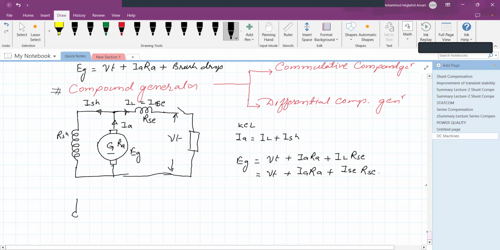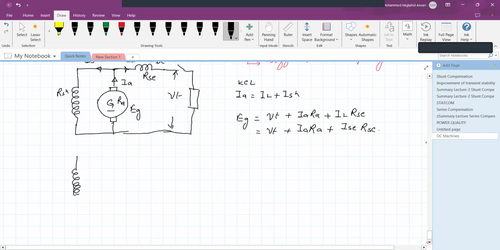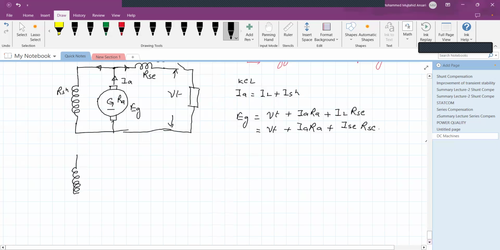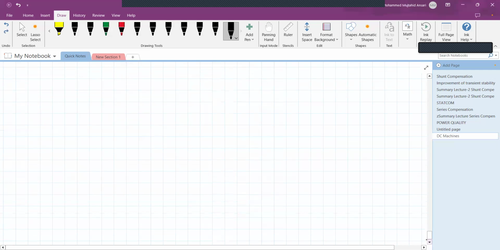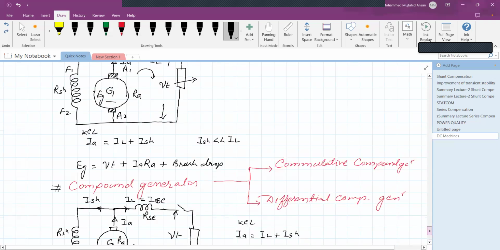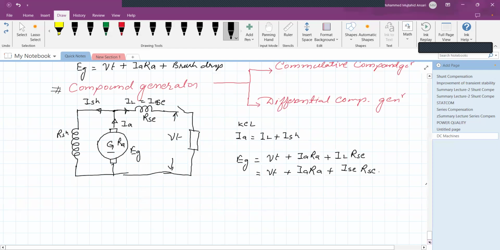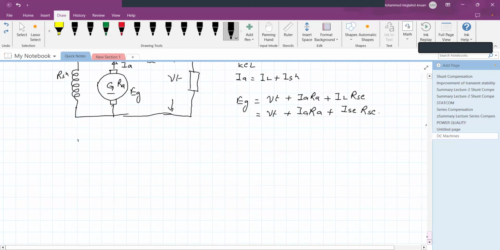Long shunt means the shunt field winding encloses the armature as well as the series field winding. This is the shunt field winding. It encloses the series field winding.